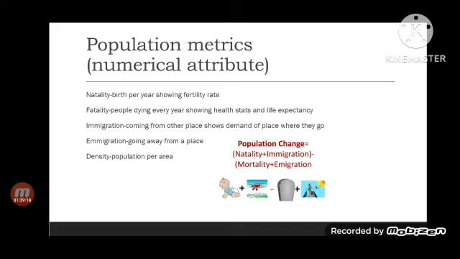Temporary methods don't have a permanent effect; they are used for some time to prevent a child for some time. Natural method like periodic abstinence, avoiding it for a certain period of time as per rhythm.